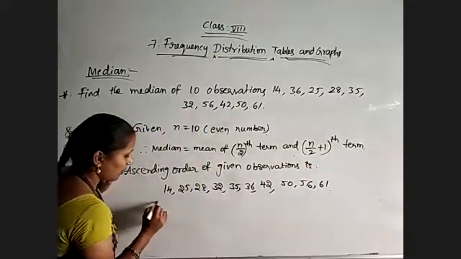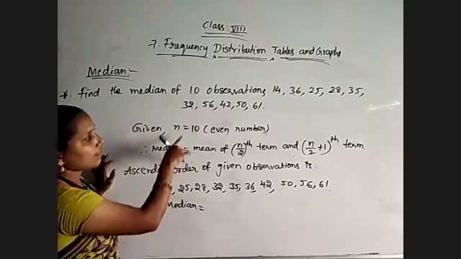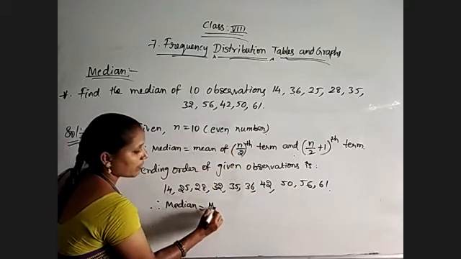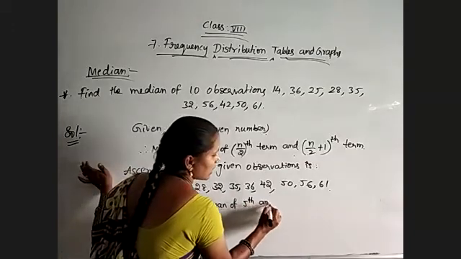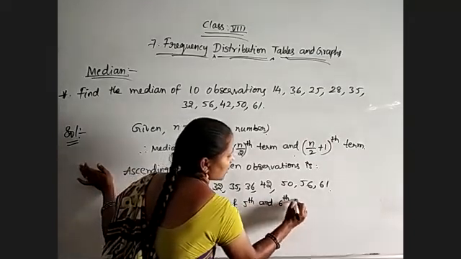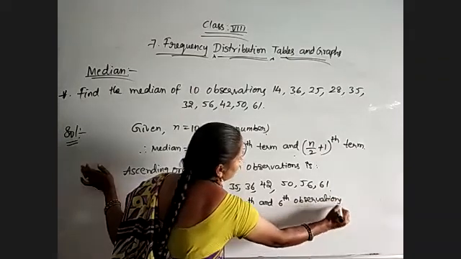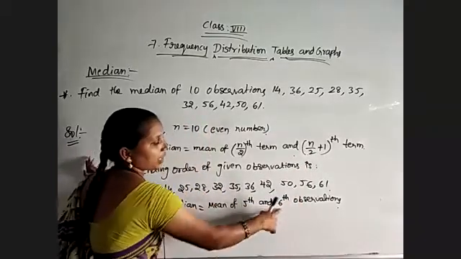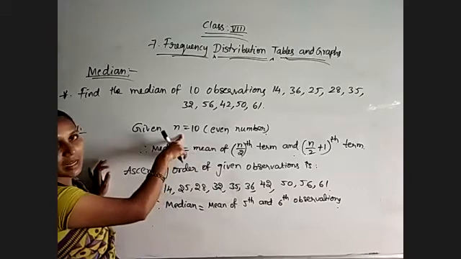So therefore median is equal to the mean of the 5th and 6th observations. n by 2 means 5, 5 plus 1 is 6. So the mean of the fifth and sixth observations will become the median for the given data, because here the number of observations is 10.